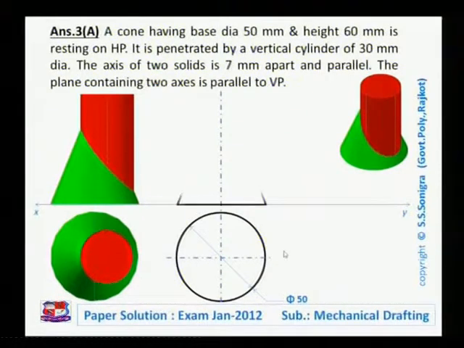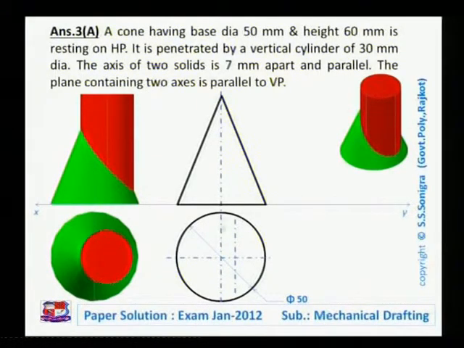Draw the horizontal axis of the cone and the front view of the given cone. So till now we have drawn the position of the cone having base diameter 50 mm and height 60 mm, resting on the horizontal plane. And the distance between the axes of both the solids is given to us, that is 7 mm.